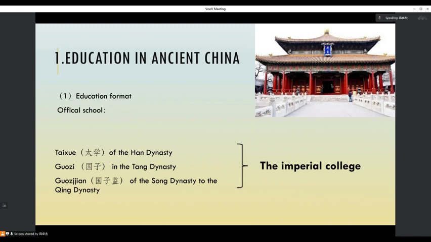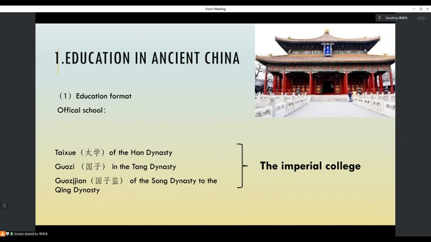The function of the official school is to educate officials for the country.